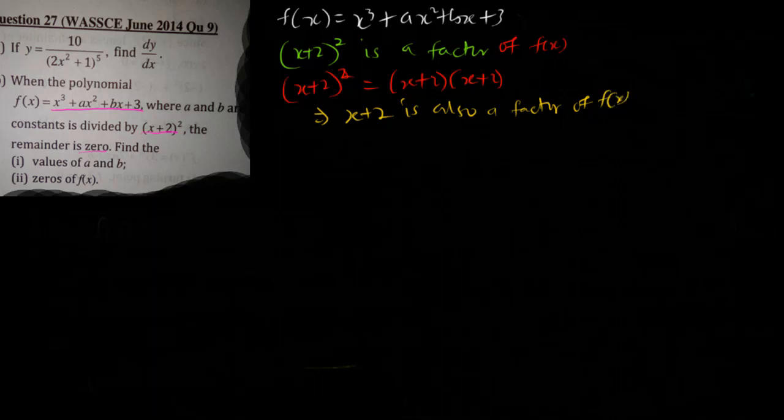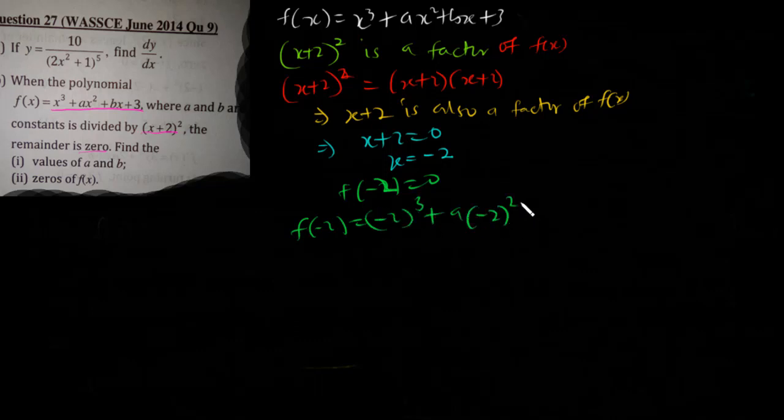So if it is also a factor of f of x, then I can equate x plus 2 to 0, and I'll find the value of x to be negative 2. And if I put this into the function, I should get 0 because of the factor theorem. I put in negative 2 to the power 3, a negative 2 squared, plus b negative 2, plus 3.